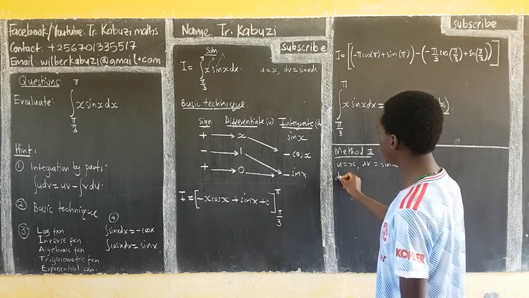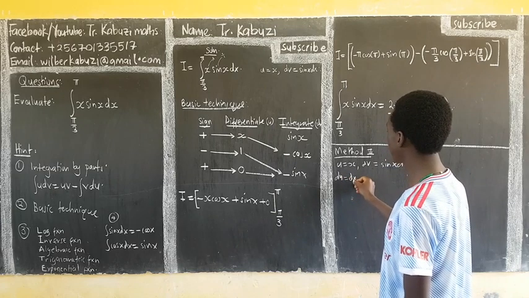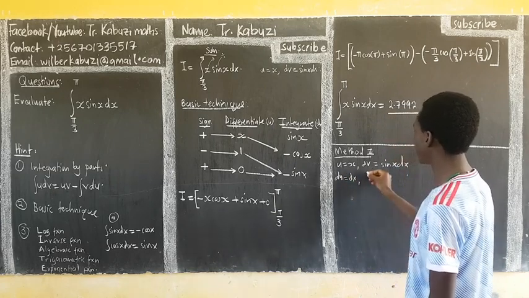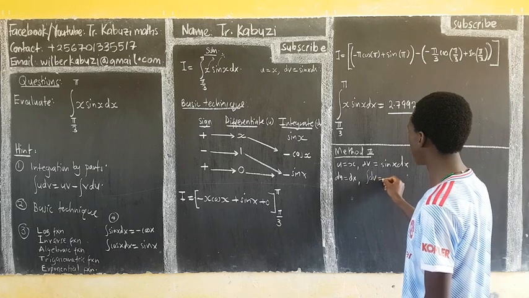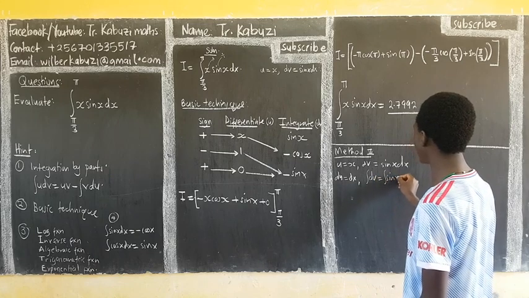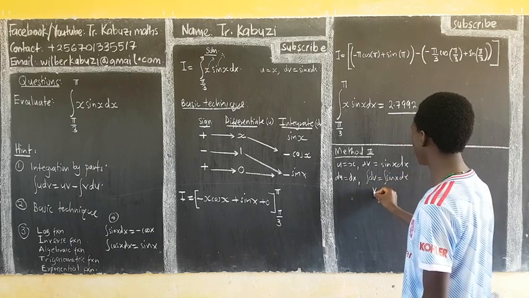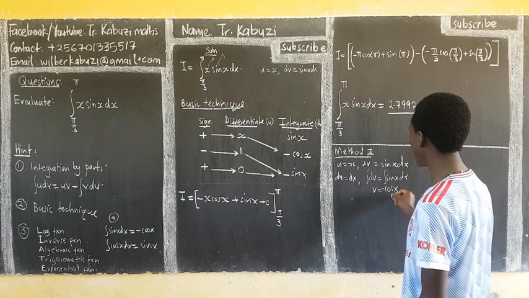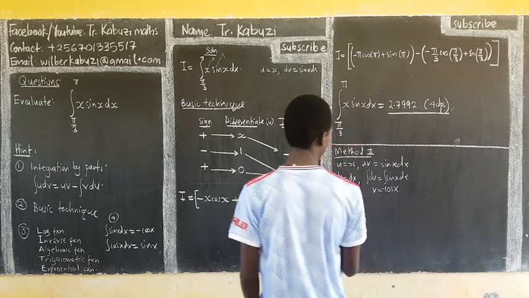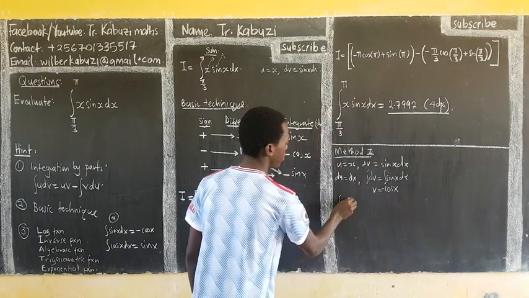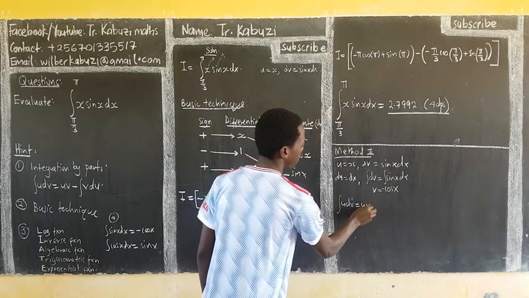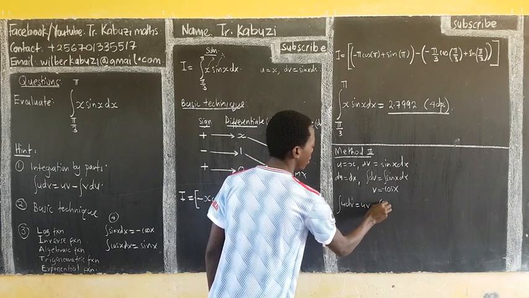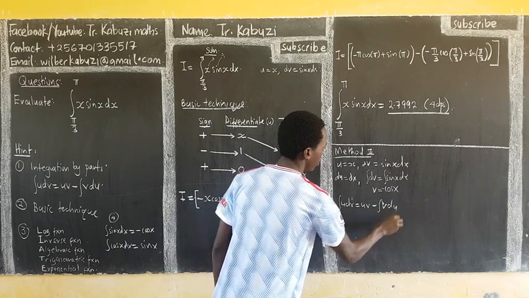So when you differentiate you get du equals dx, and when you integrate, v equals the integral of sine x dx, so that here your v is going to be negative cos x. So we know that in our formula, the integral of u dv is uv minus the integral of v du.